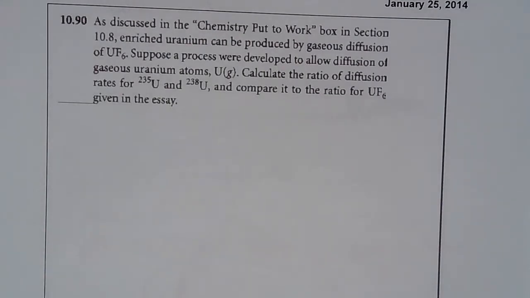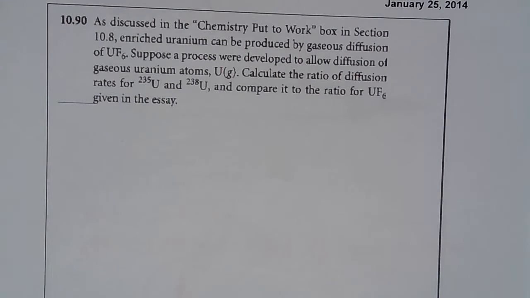Okay. Let's see. So enriched uranium can be produced by gaseous diffusion of UF6. That sounds like a great factory to work in. Yes. Okay. Let's see. So suppose a process were developed to allow diffusion of gaseous uranium atoms.